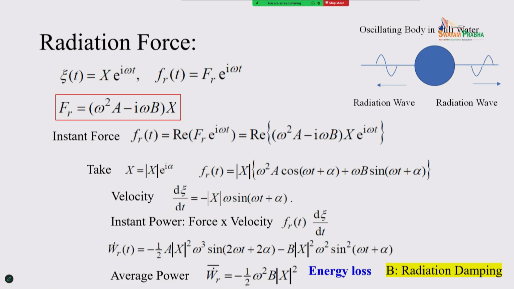That is similar to a damper or energy harvester. In one cycle there is energy loss, and this energy loss is proportional to amplitude squared, to ω squared, and to B. We call B the radiation damping. It has the same unit as viscous damping.